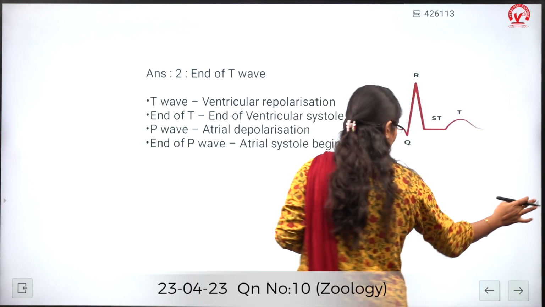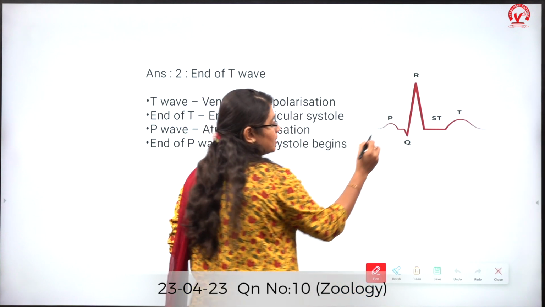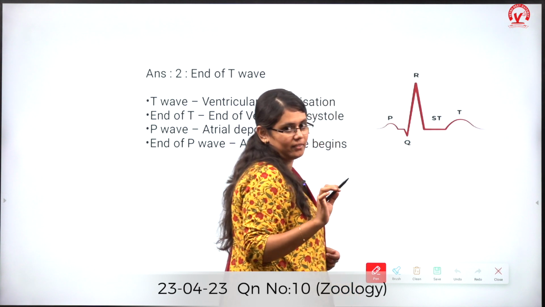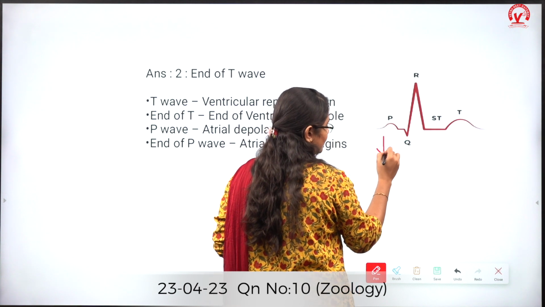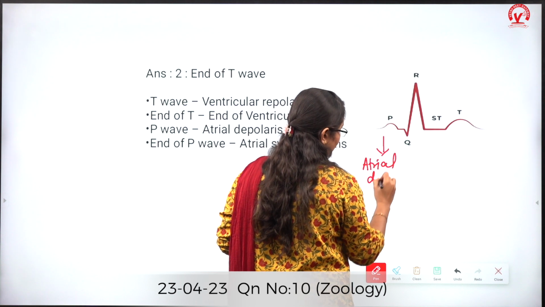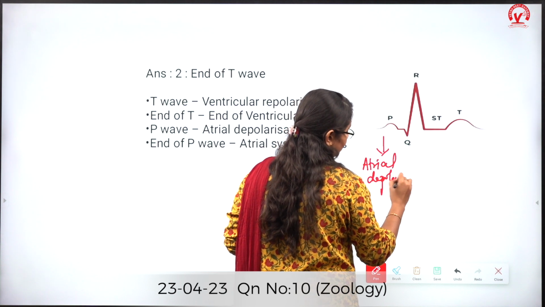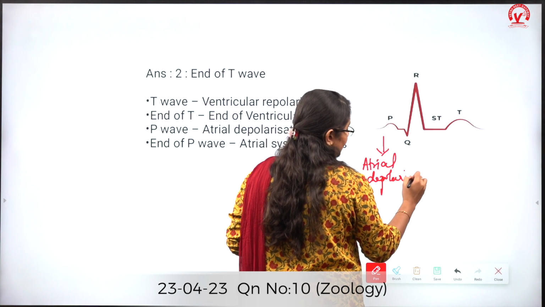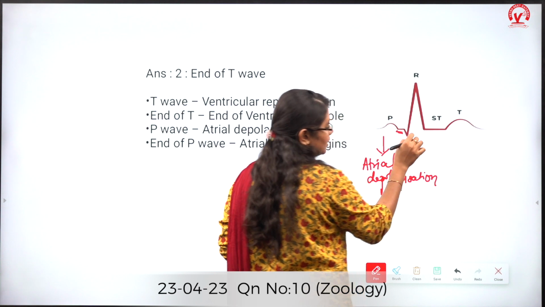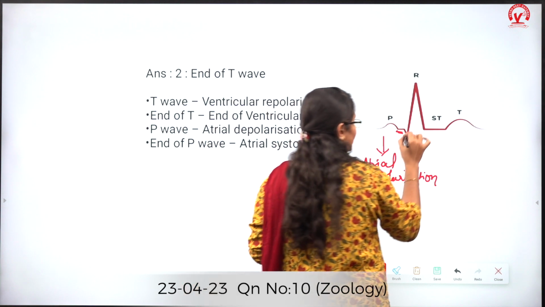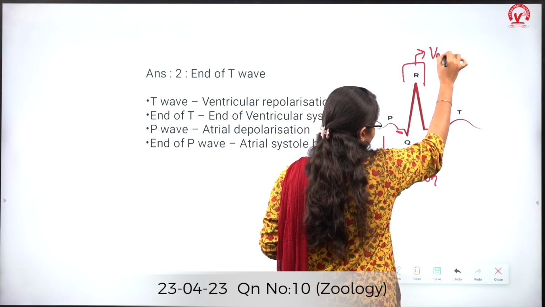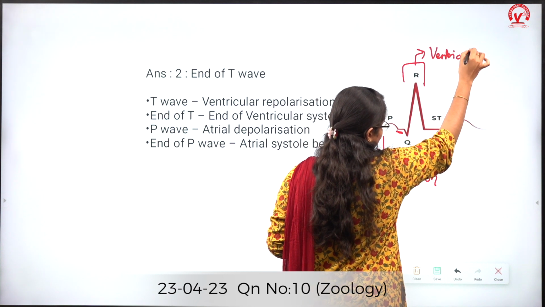So here we all know that ECG has P wave, QRS complex and T wave. P wave represents atrial depolarization. So the atrial depolarization occurs and after that atrial systole occurs. QRS complex represents ventricular depolarization.